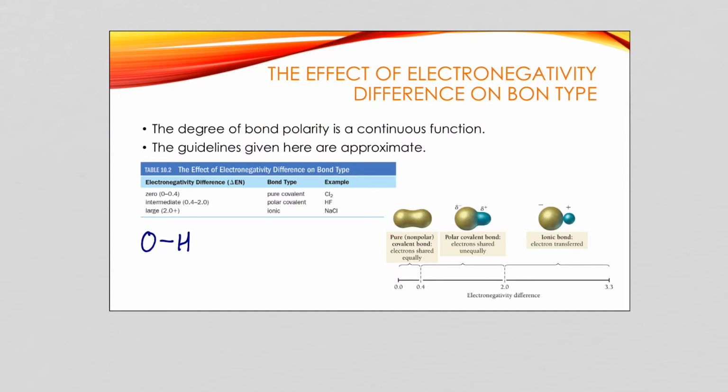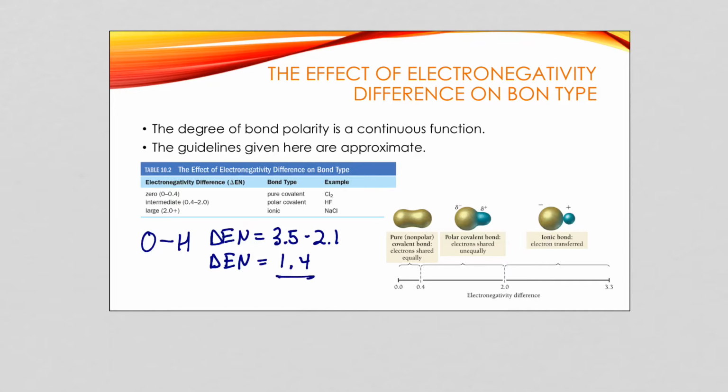So if we look at this, our delta EN is going to be 3.5 minus 2.1, so it's going to equal 1.4. Now, when you're doing these, don't worry about the order. We always want this to be a positive number, so it's an absolute value. So just take the biggest minus the smallest. It doesn't really matter which order.